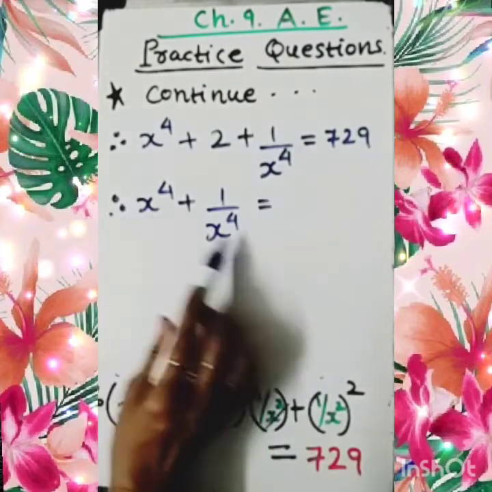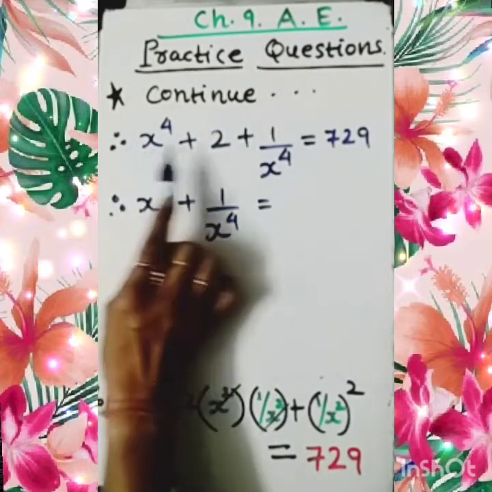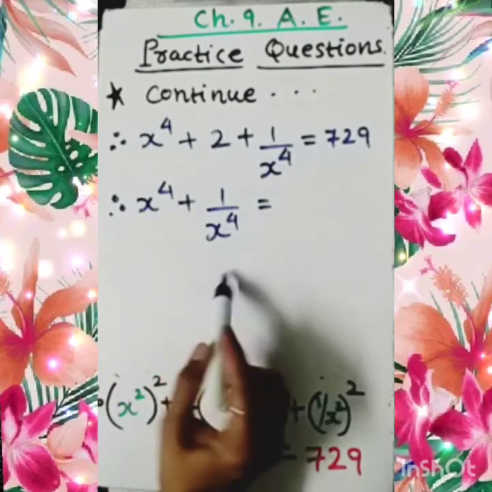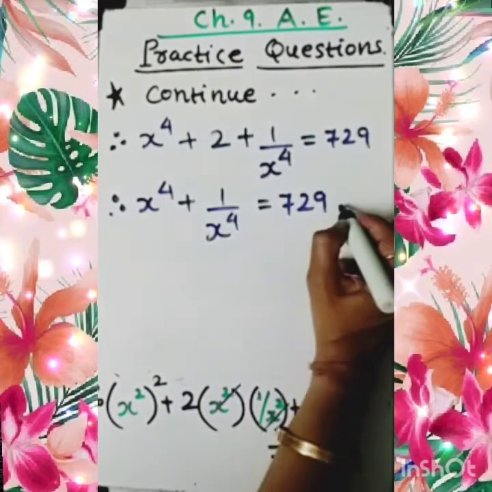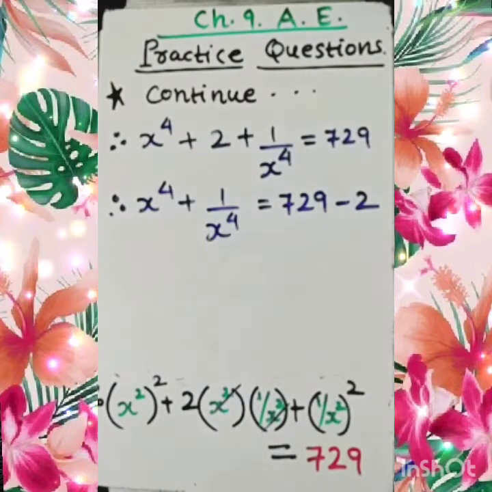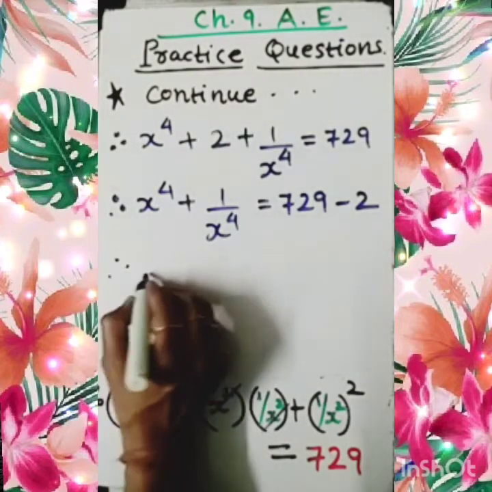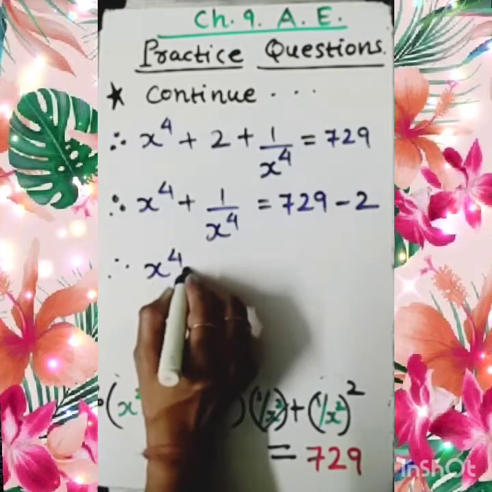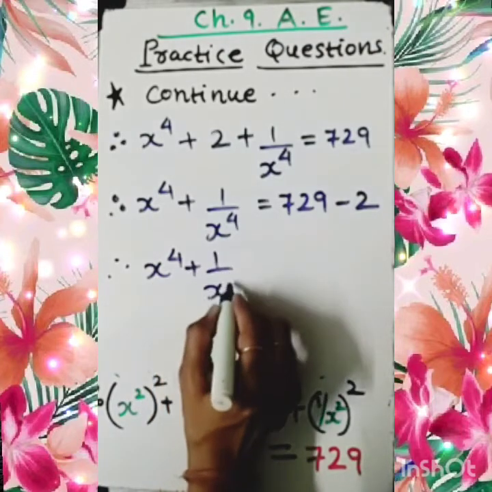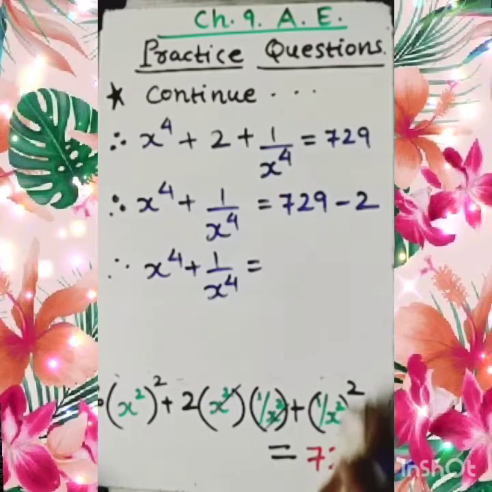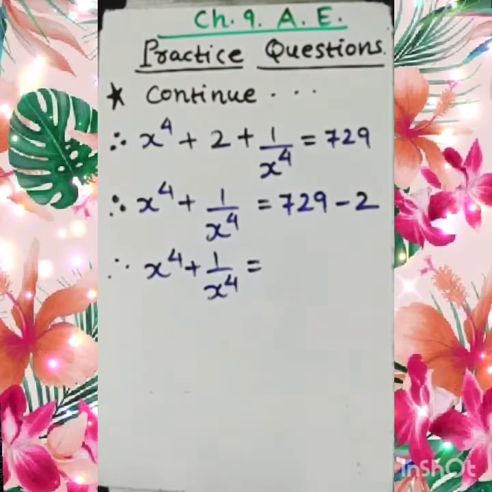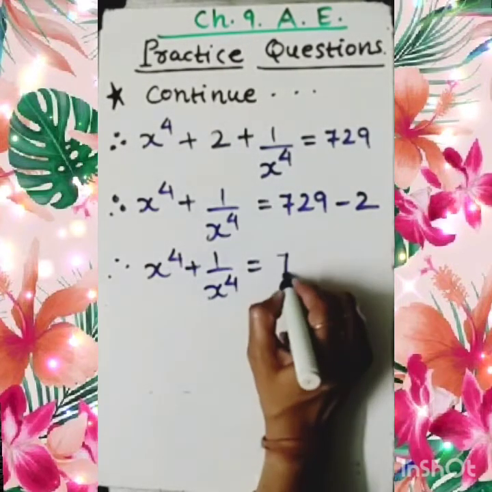Why have I written this? The first term and third term I am writing together. And on this side it is 729, and this is plus 2. This plus 2 I am bringing to the right side, it gives the result minus 2. So the simplification of this is coming. What is 729 minus 2? You know very well, that is 727.